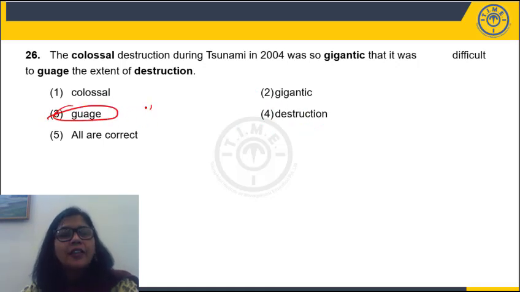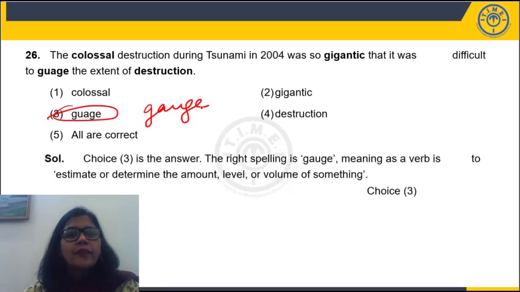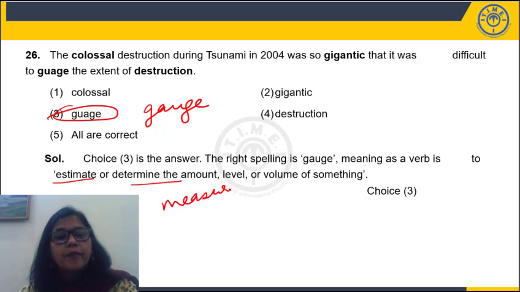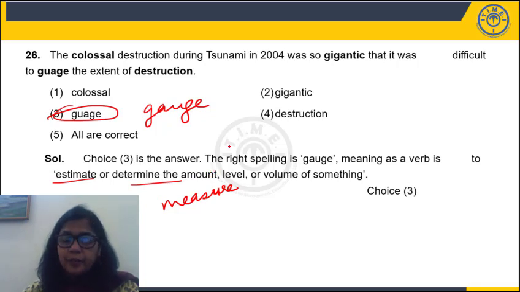And the correct way to write this would be G-A-U-G-E. What does gauge mean? To measure, right? To estimate, determine. Yes? Or to measure. Fine? So, G-A-U-G-E.